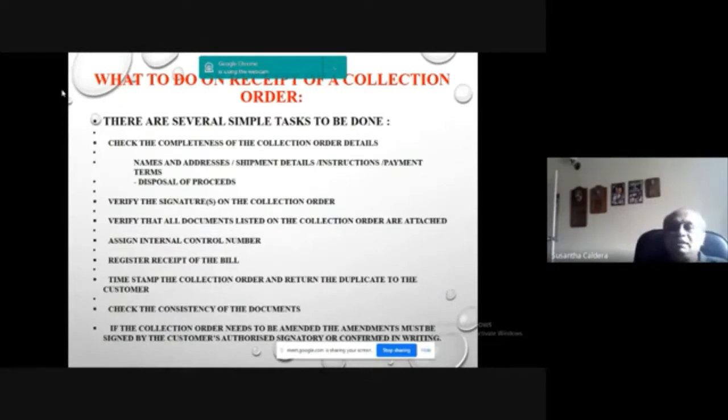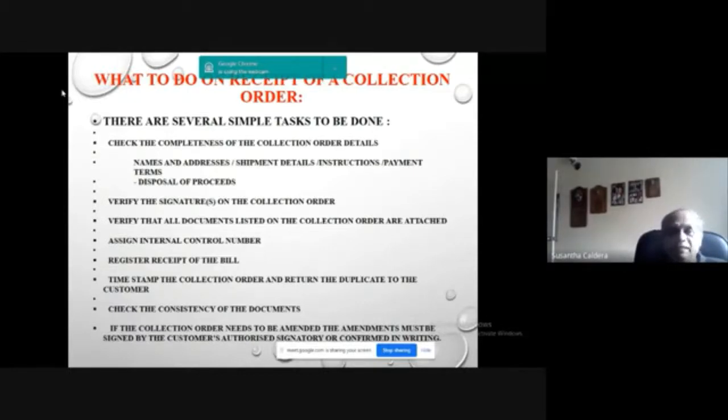What to do on the receipt of a collection order? Again, this is for the trade guys. Right? What to do on receipt of a collection order? There are several simple tasks to be done. Even though we say we have no agreements, no responsibilities to act, there are certain simple tasks to be done.